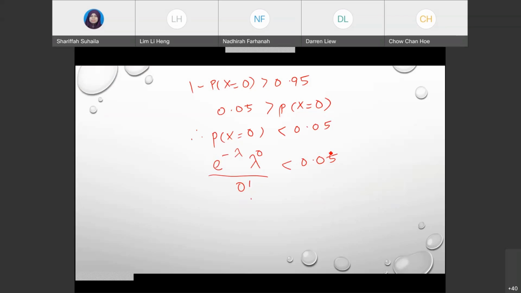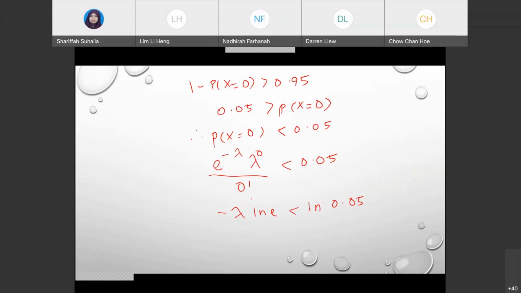So since we have exponential, so take ln on both sides. Okay, log E, so ln. So minus lambda ln E. So lambda to the power 0 is 1. 0 factorial is also 1. So less than ln 0.05. Okay, and then you solve.